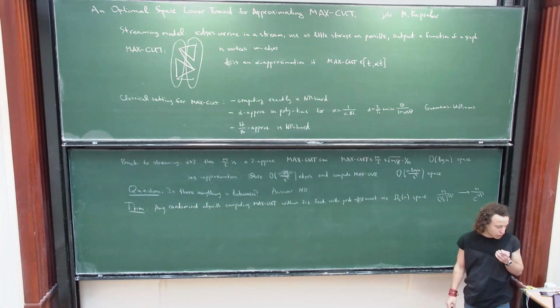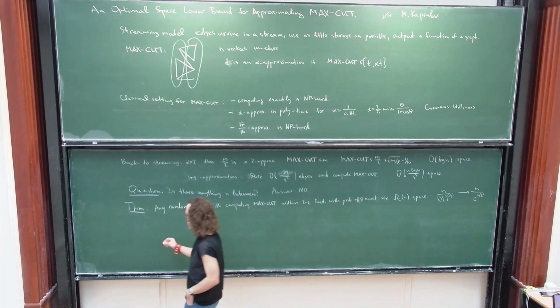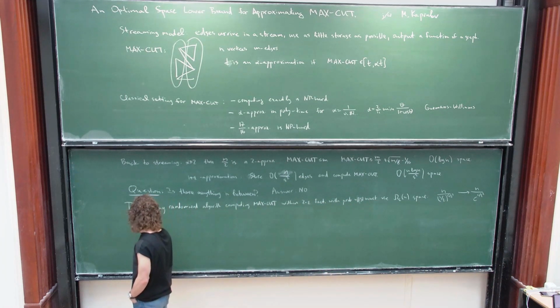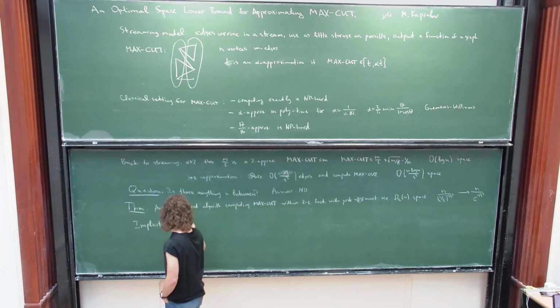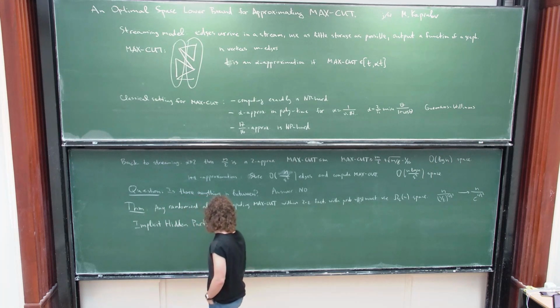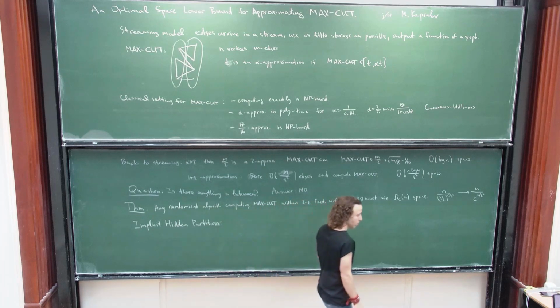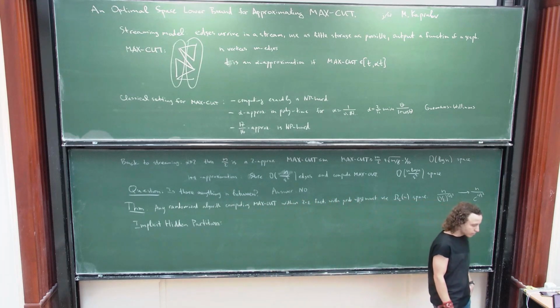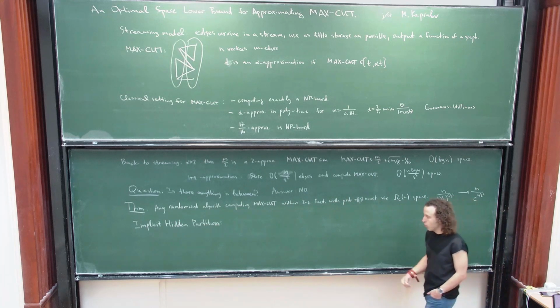So the communication problem is called implicit hidden partition. Okay, so what is the problem? We are going to have T players.